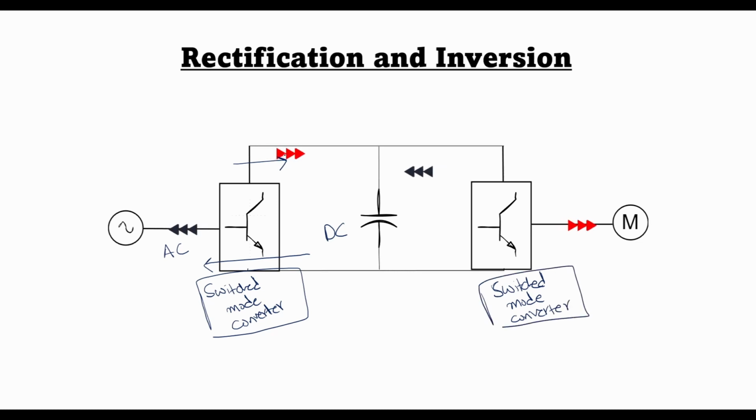However, since most of the time power will be flowing from the AC side to the DC side through the rectifier, we call this switch mode converter a switched mode rectifier. For this building block, most of the time power will be flowing from the DC side to a variable frequency AC. Thus, this converter here is commonly called a switched mode inverter.